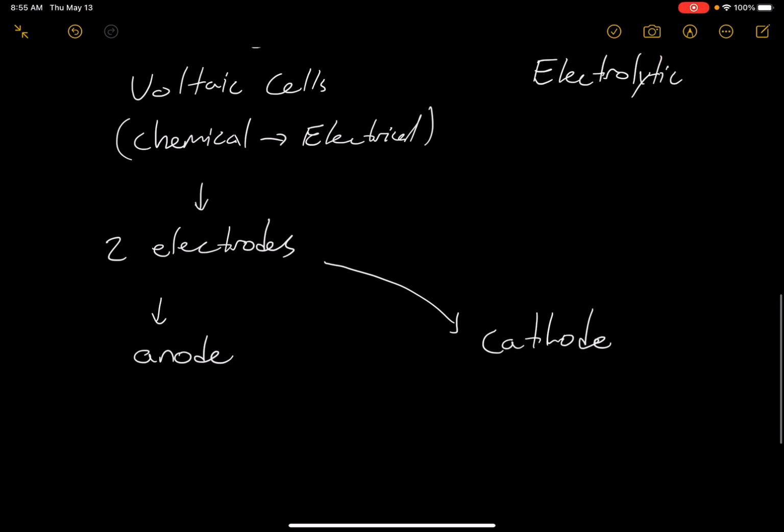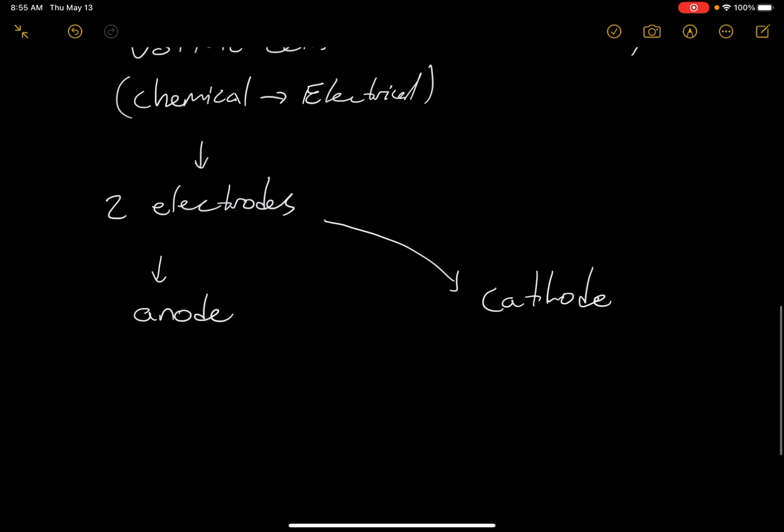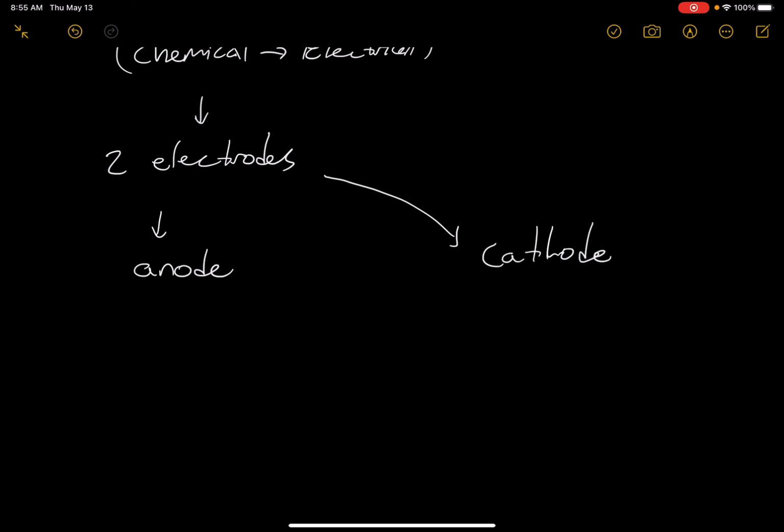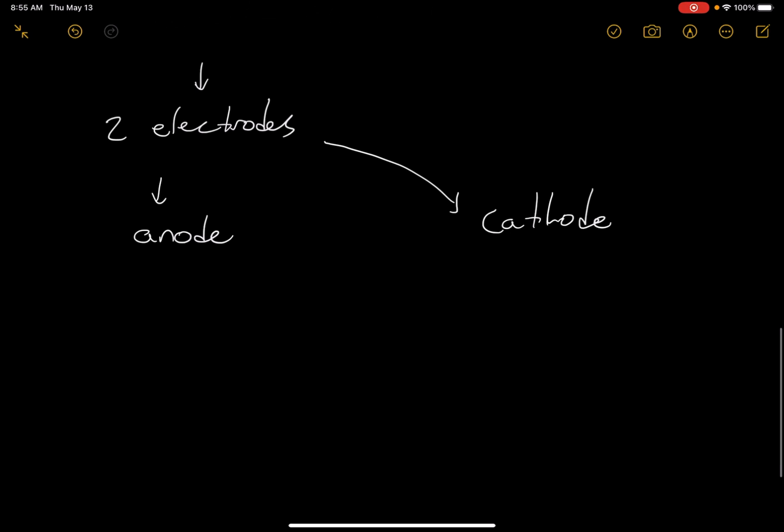Remember, these voltaic cells are pretty much just batteries, and the electrodes allow electricity to flow from one electrode to the other, typically from the anode to the cathode. Now, an anode is the electrode that gives electrons, and then the cathode receives the electrons. So electrons come out of the anode and are transferred to the cathode.